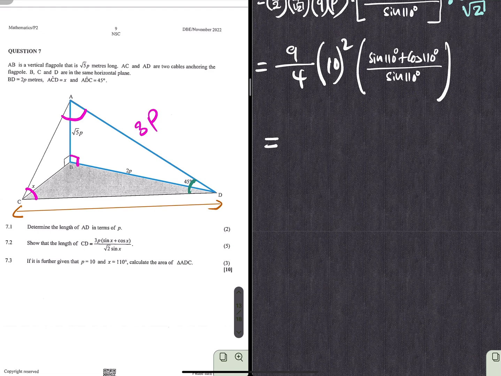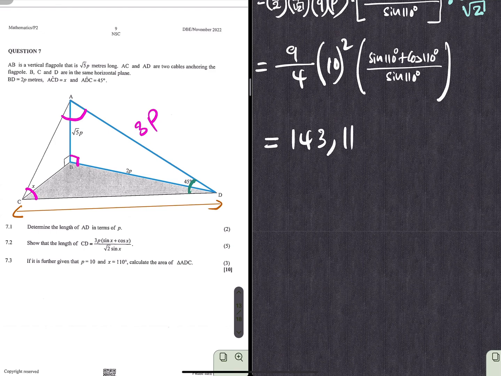I can close it, and I'm getting 143.1066973. So that is about 143.11.